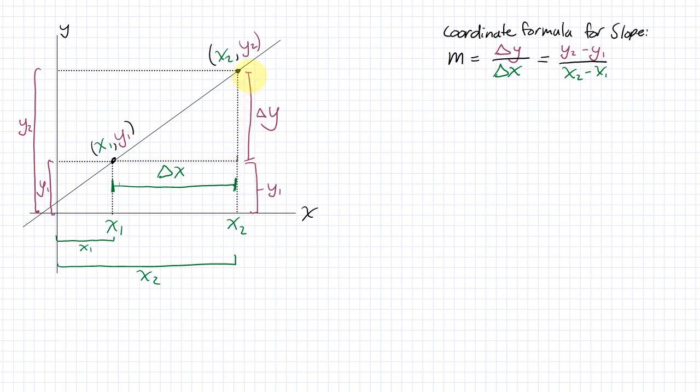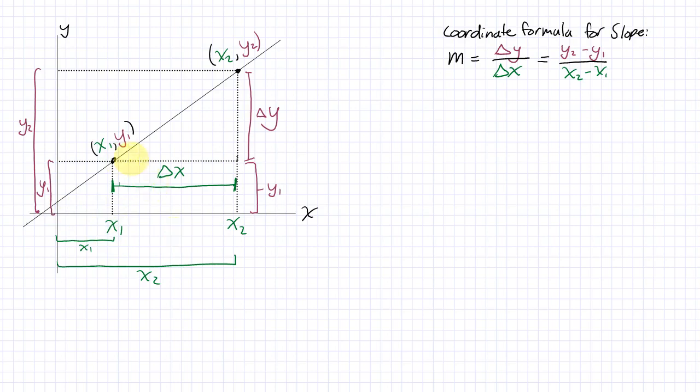Likewise, the x2 coordinate represents how far away from the y-axis this point is, or in other words, this distance from the origin over to here. The x1 coordinate represents how far the y-axis is from this point, which is the same as from the origin to this point on the x-axis.